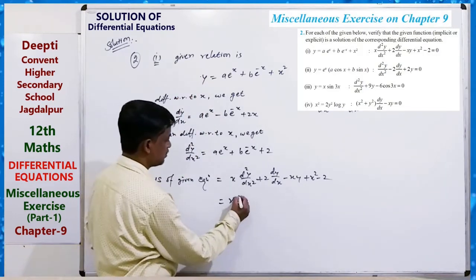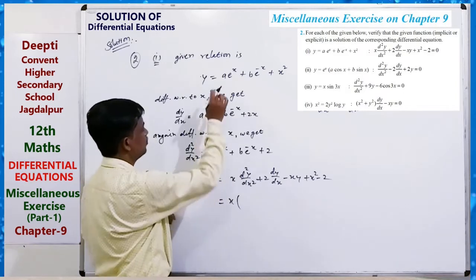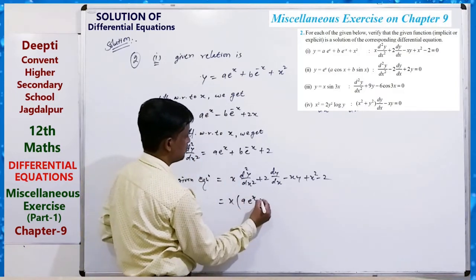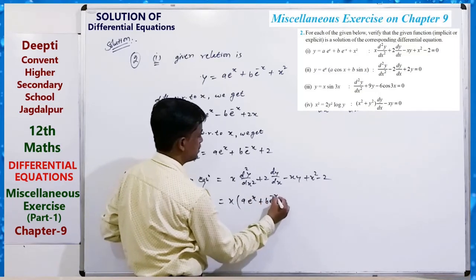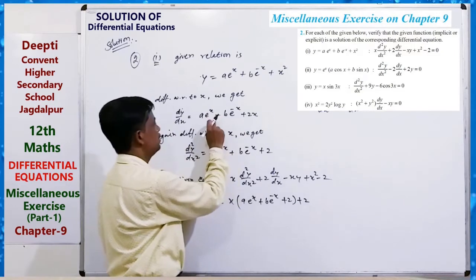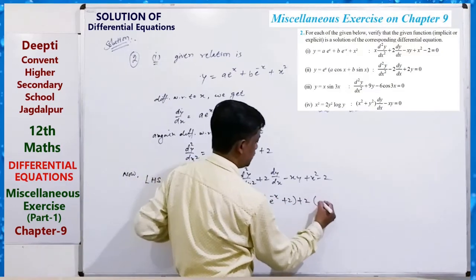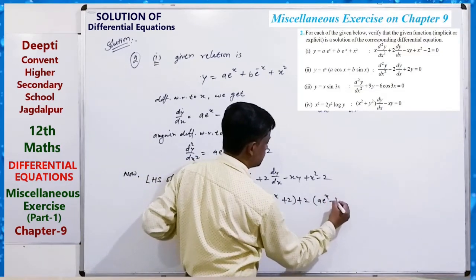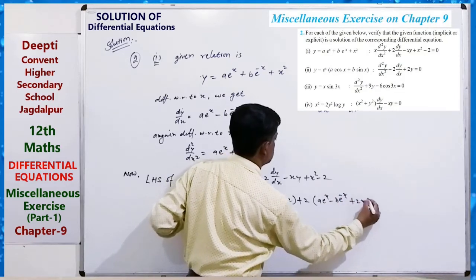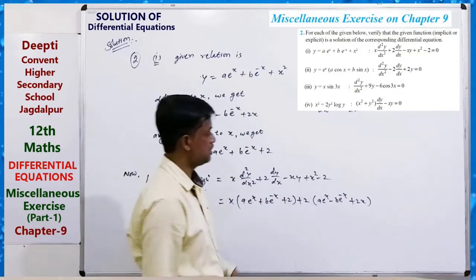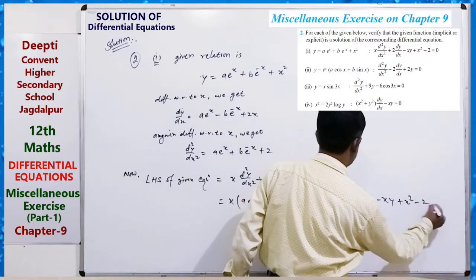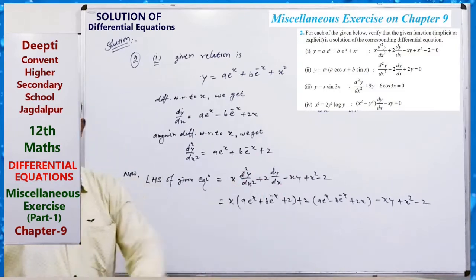So x into the second order derivative, a e to the power x plus b e to the power minus x plus 2, plus 2 into the first order derivative, a e to the power x minus b e to the power minus x plus 2x, minus xy, plus x square minus 2. Now we can solve it.